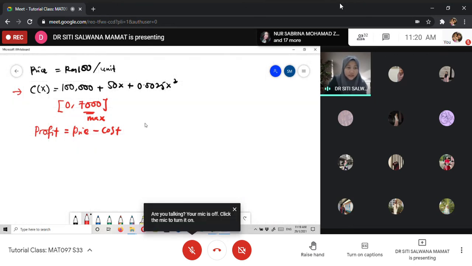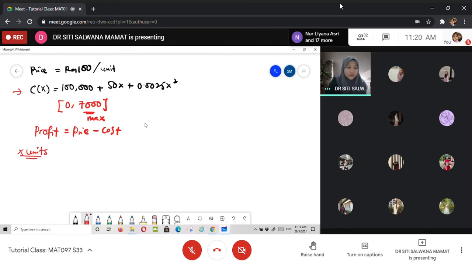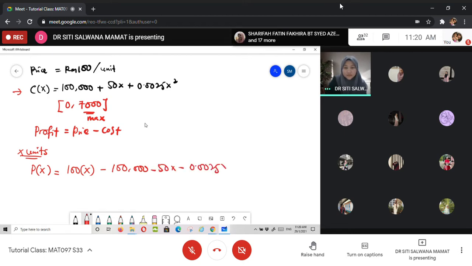Kalau I jual X unit, what is the profit punya equation? So kita ada P of X is equal to price per unit, which mean I ada 100 times X, minuskan dengan the cost of production for X unit. So I minuskan dengan C of X. So I ada 100,000 minus 50X minus 0.0025 X squared.